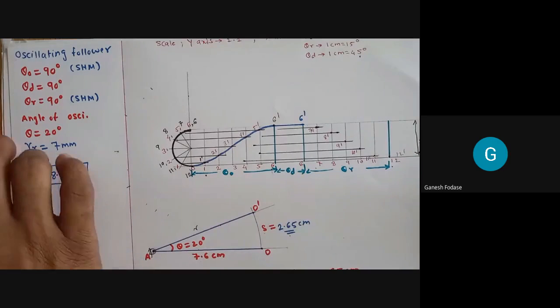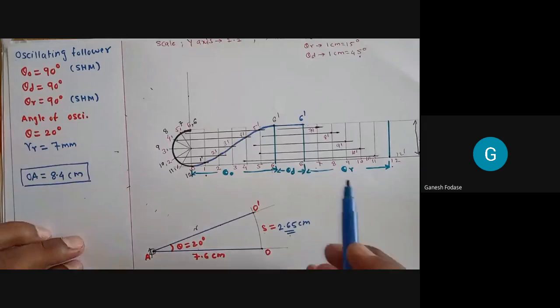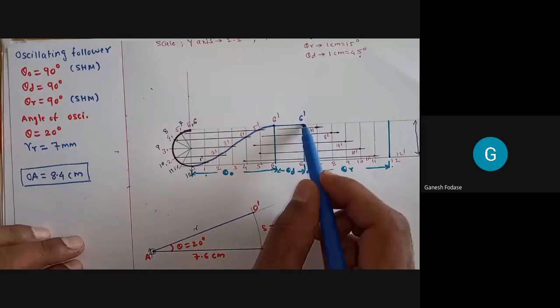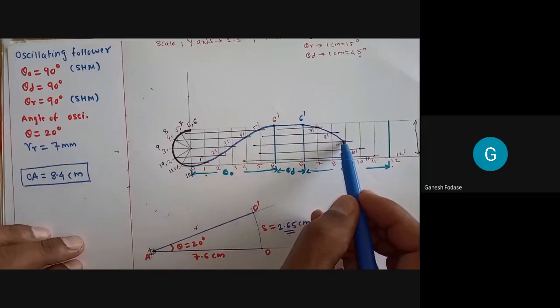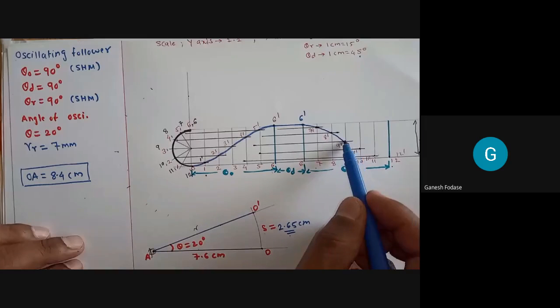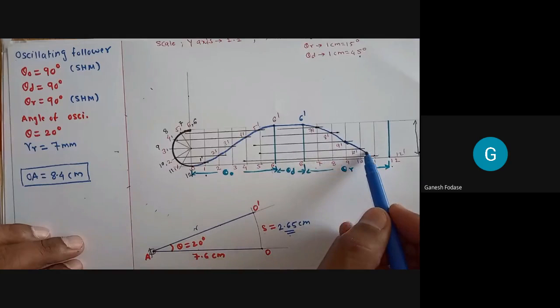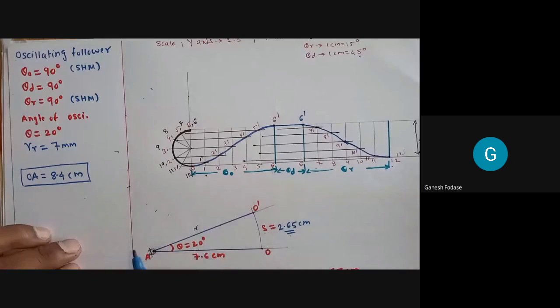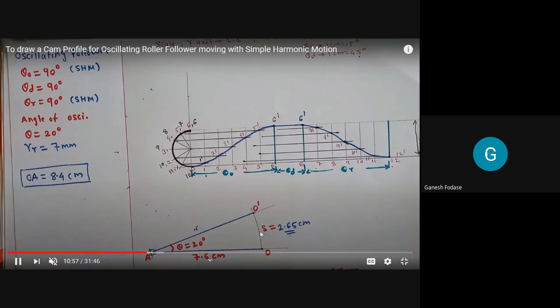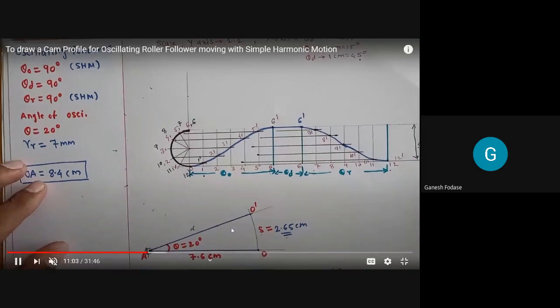Okay, now join these points by a smooth curve. When you complete it, this is your displacement diagram. So again, the motion was SHM only, but what was new is that S was not given, and that we find out by considering this arrangement. That is the only new thing here.